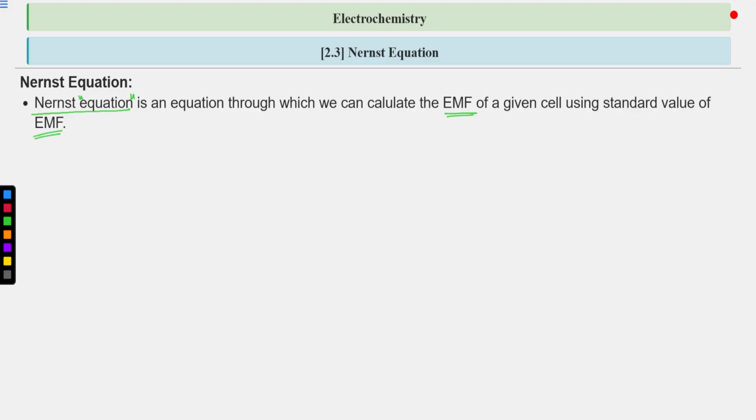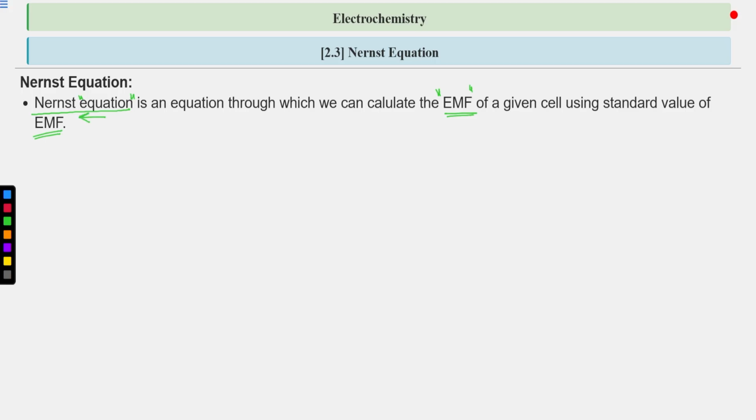In the previous lecture, we covered some information about the EMF of the cell, the potential, the galvanic cell, their working, and the electrode potential of a half cell. How can you determine that, right? So here the Nernst equation is an equation through which we can calculate the EMF of a given cell using the standard value of EMF.